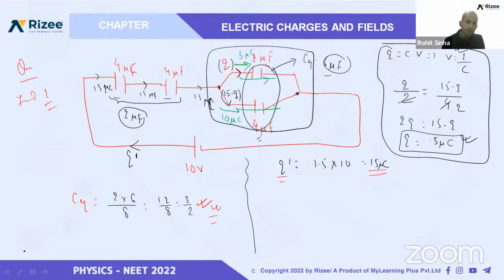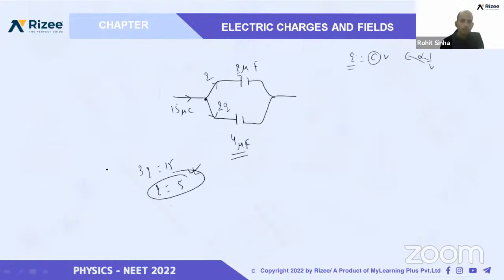Okay, you remember one thing. What is the meaning of capacitance? Let me take one general example. We have one glass and one bucket.